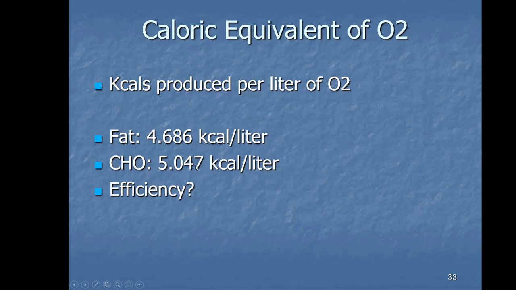So back to our discussion about shifting to carbohydrate during high intensity exercise, this comes into play because it makes more sense to use something that's efficient when you need ATP really quickly. And carbohydrate, looking at these numbers, is a lot more efficient than fat. So carbohydrate is a more efficient fuel when you look at the caloric equivalent of oxygen.